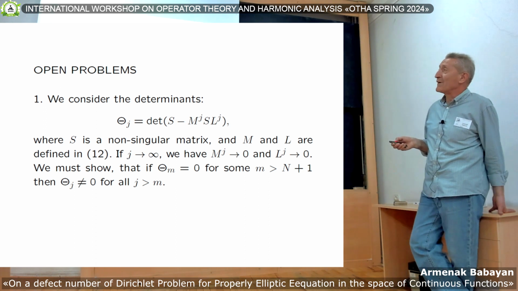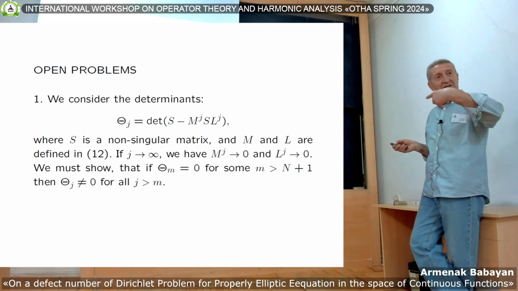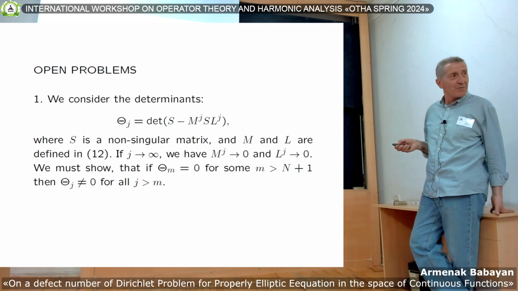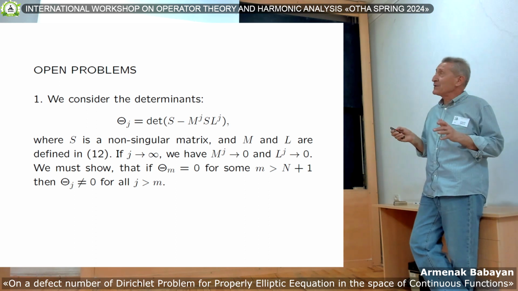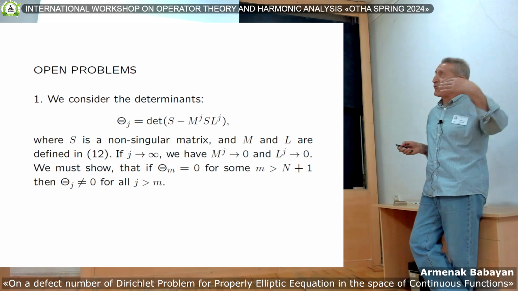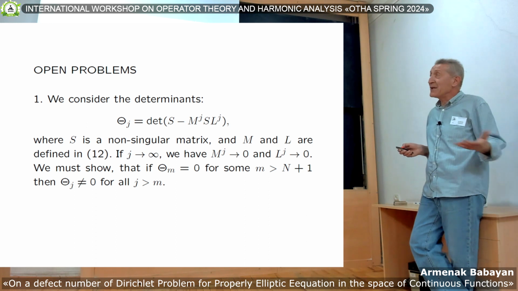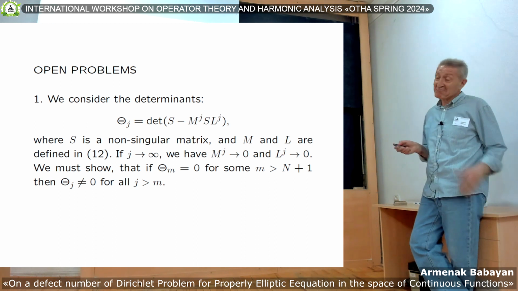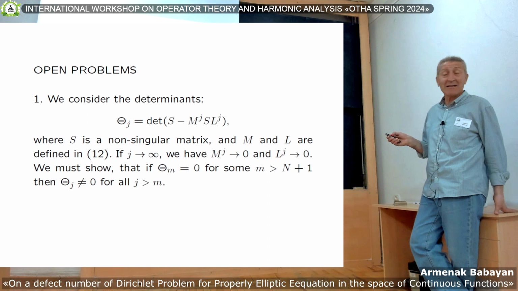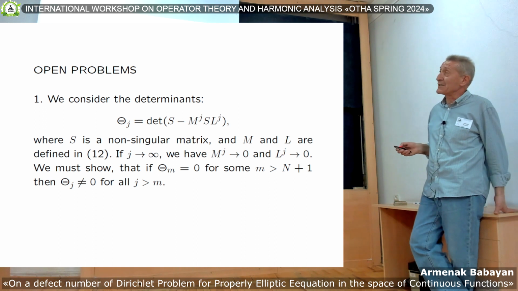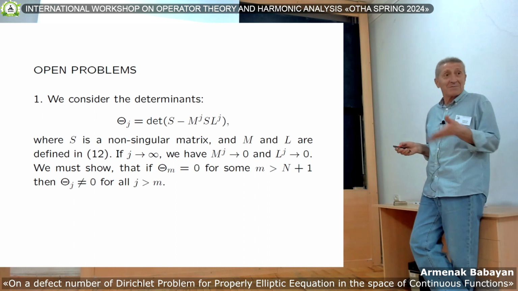Can we prove that if delta M equals 0 for some M, then for greater G it will not be equal to 0? In some sense, it will be less for great values of G. Maybe it will be the case. I cannot prove it, but in all cases which we consider, we have it.